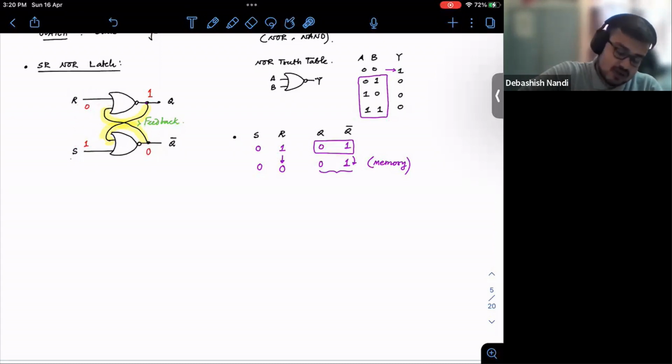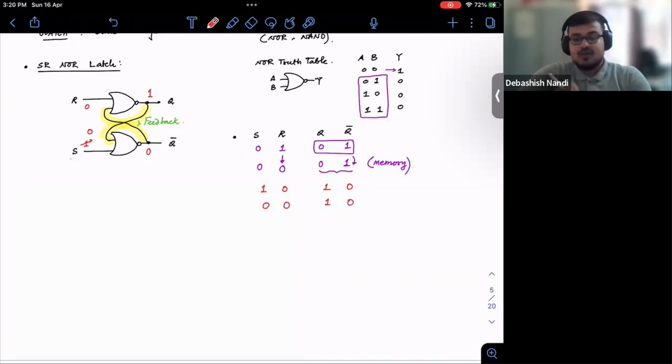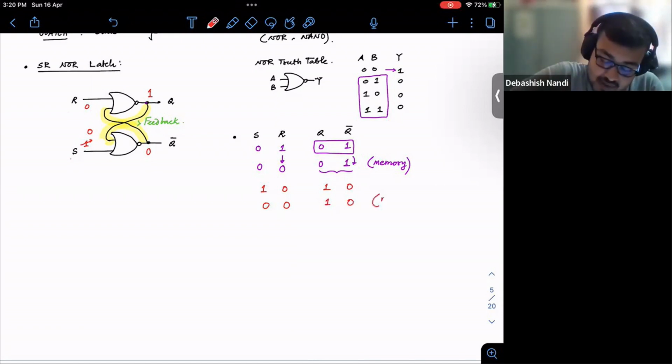So this 0, 0 is providing 1, and this 1 and 1 is providing your 0, right? So this way, if you have 1 and 0, your output will be 1 and 0. And again, you can check if you change this to 0, output will remain at 1, 0, right? So this will also act as a memory state.